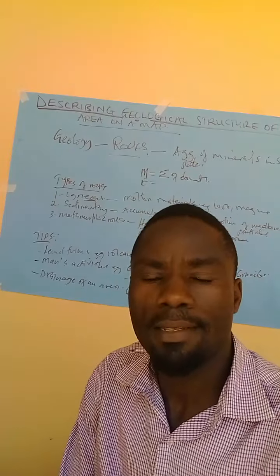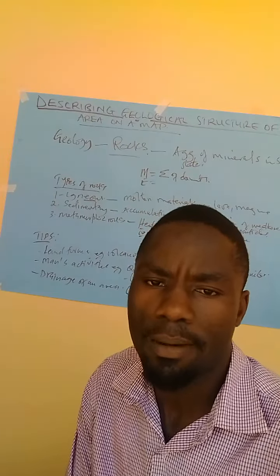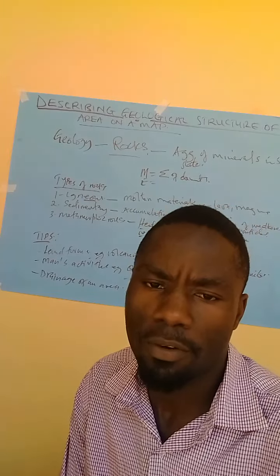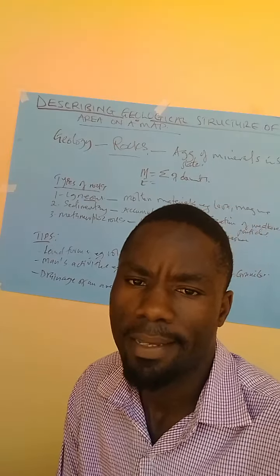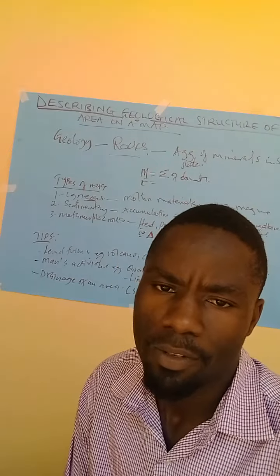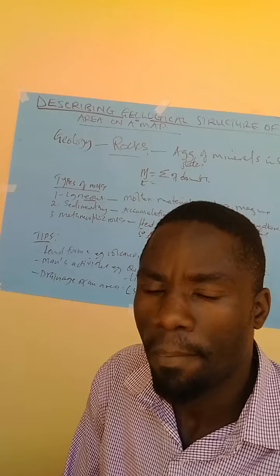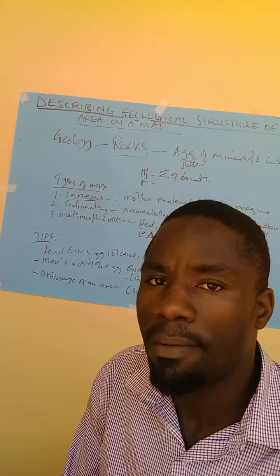So if the area has permeable rocks, that means we shall have very many underground rivers. Why? As water flows on the ground, it percolates instead. So if we see very few surface drainage features, then we shall know that the area is having permeable rocks.